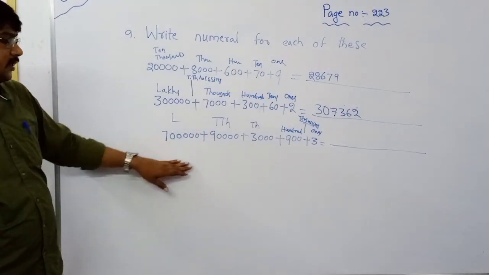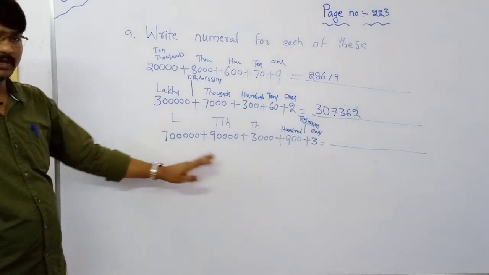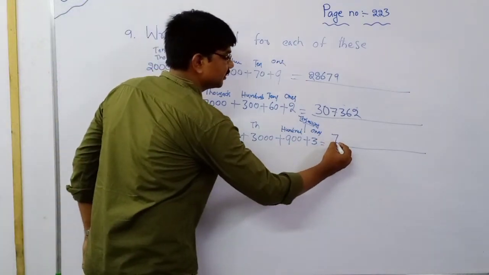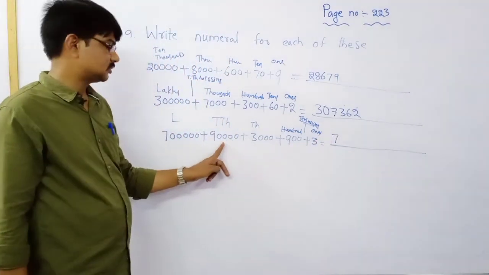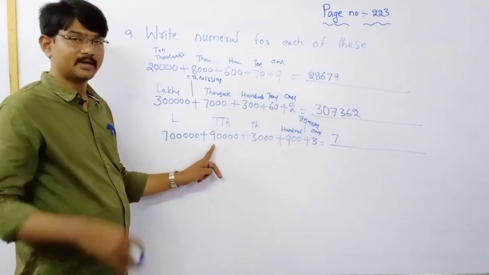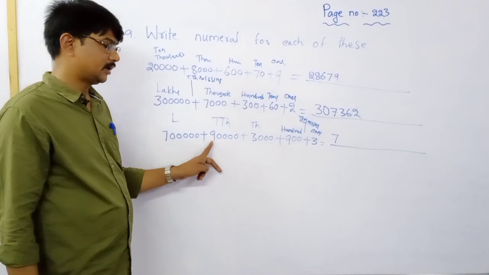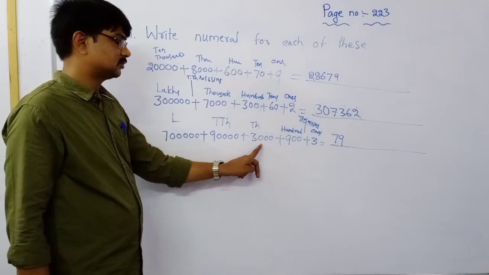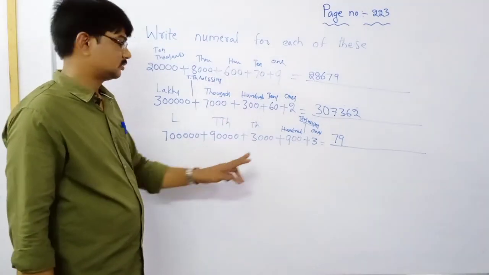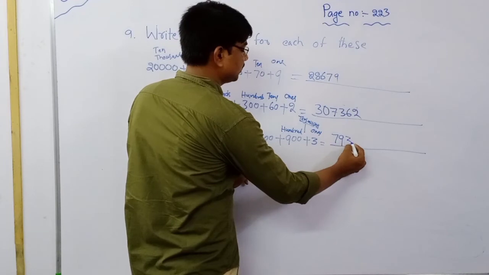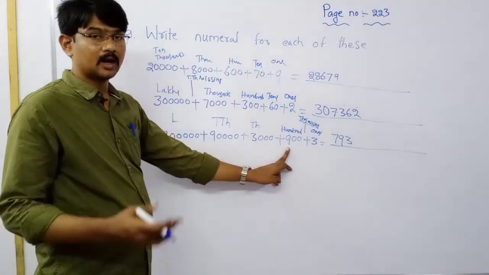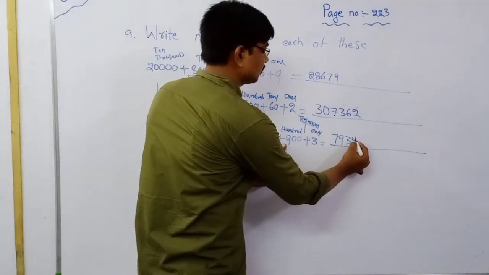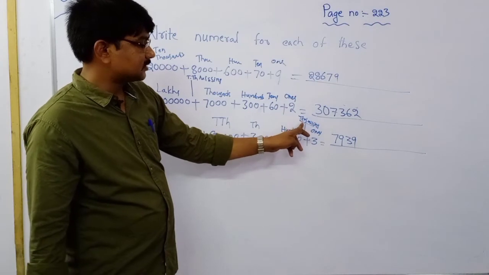Let us start to write the numeral for the given expanded form. 7 lakhs. So write 7. Next, 10,000s place, 90,000. It means 9 ten-thousands is equal to 90,000. So write 9. 3,000, 3 thousands. So write 3 here. Next, 900s. It is 900. So 9. Next, tens are missing here.